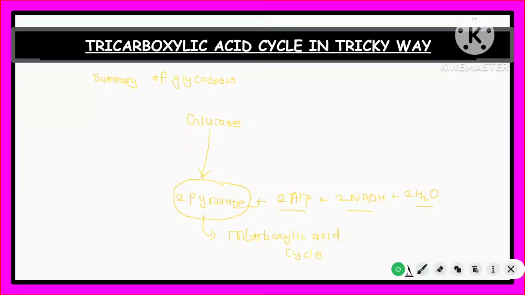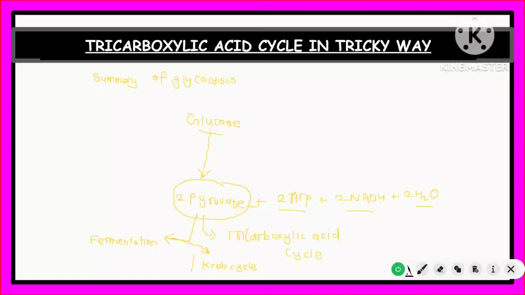Now we will see what happens with these two pyruvates. This pyruvate formed from the glucose has two pathways. The first pathway is for aerobic respiration, and the second pathway is for anaerobic respiration. If it enters anaerobic respiration, it will undergo fermentation, and if it enters aerobic respiration, it will enter the Krebs cycle.